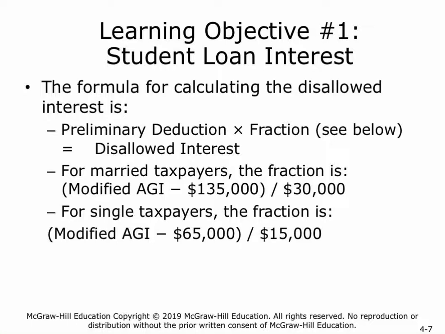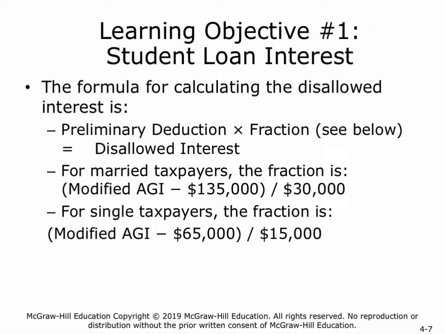So no amount would get disallowed in this situation. If we had 165,000 for our modified AGI, we would put that amount into our formula. 165,000 minus 135,000 would equal 30,000, divided by 30,000, so 100% would be disallowed, and the deduction would be completely eliminated.